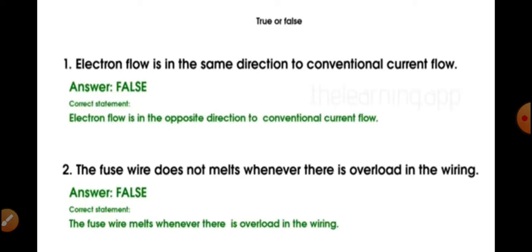True or false? Electron flow is in the same direction as conventional current flow. False, because just now we discussed that electron flow is opposite to the conventional current flow. Second question: the fuse wire does not melt whenever there is an overload in the wiring. That is also false.